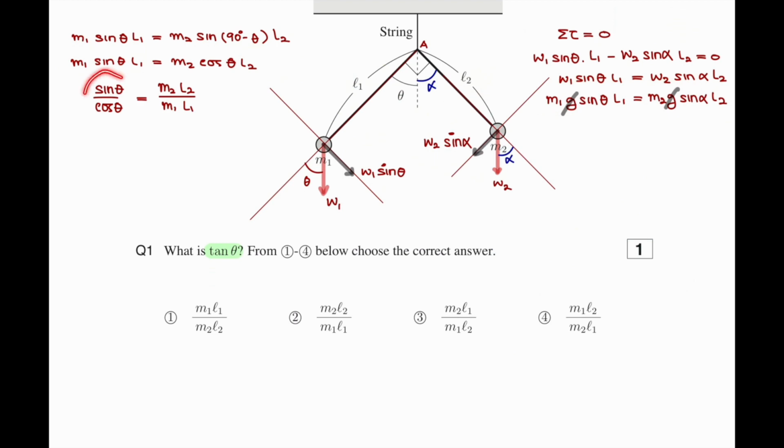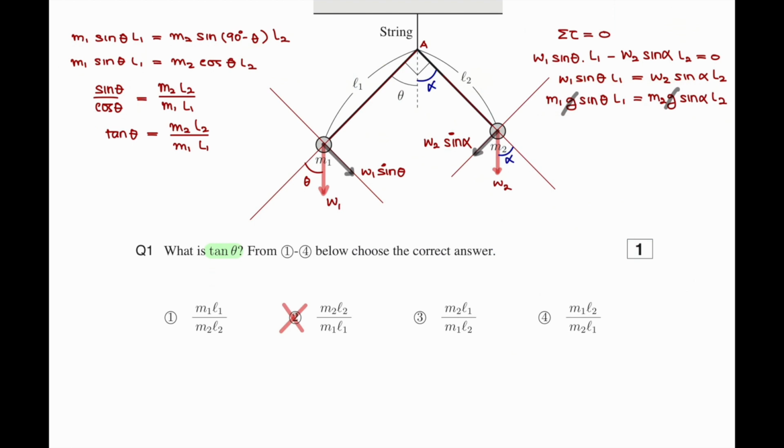As you know, sin theta over cos theta becomes tan theta. So tan theta equals m2 L2 over m1 L1. So my answer for the first question is number 2, m2 L2 over m1 L1.